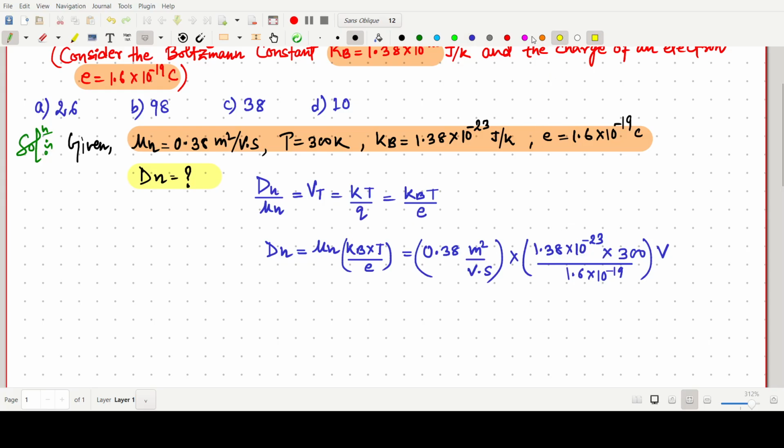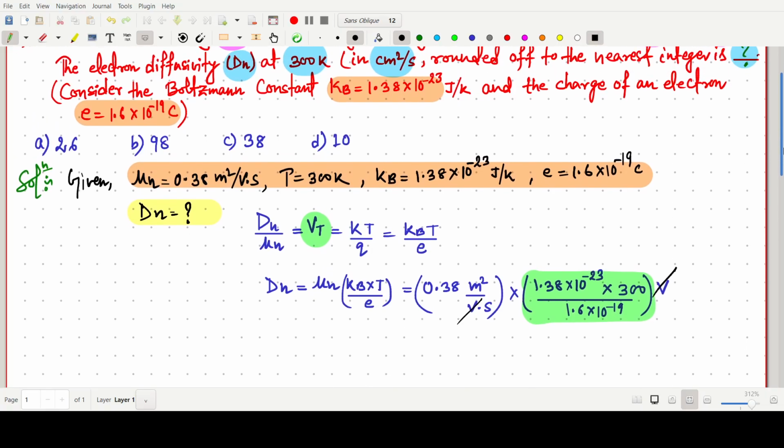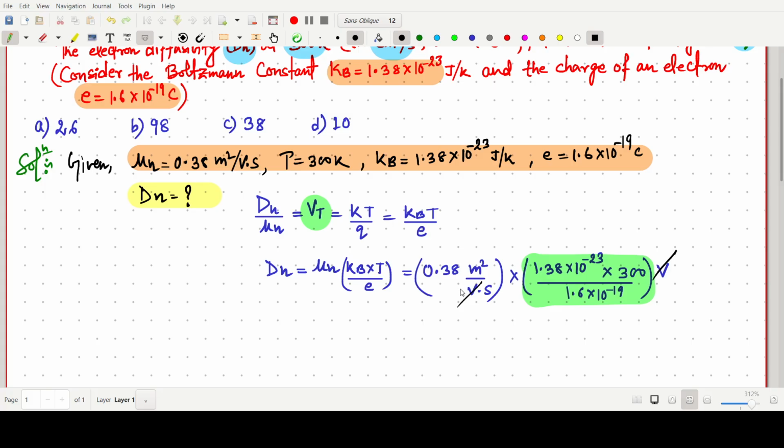So this volt and this volt will be cancelled out, leaving the unit meter square by second for Dn, but we have to find it in centimeter square per second.